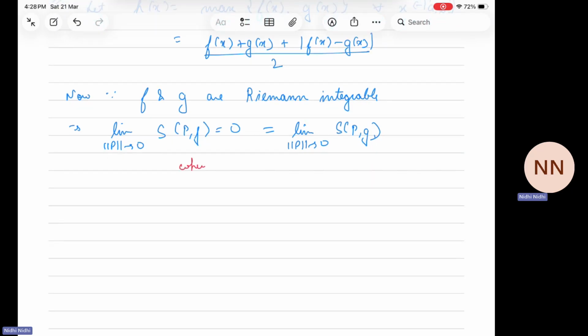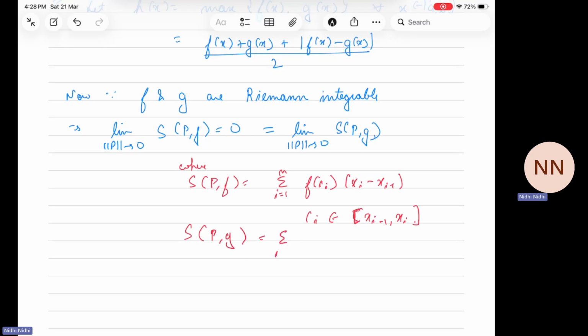S(P, f) is equal to the summation i from 1 to n of f(c_i) times (x_i minus x_{i-1}), where c_i is arbitrarily chosen from the interval [x_{i-1}, x_i]. Similarly, S(P, g) is the summation i from 1 to n of g(c_i'), some other c_i's, times (x_i minus x_{i-1}).